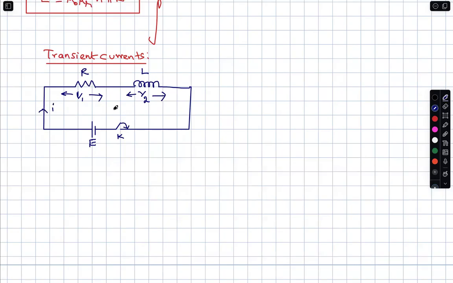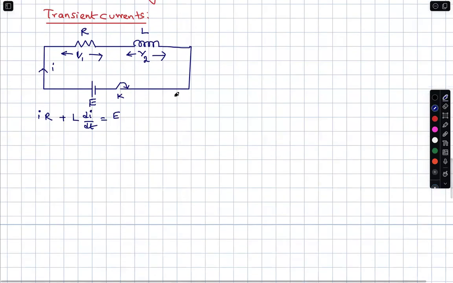Let the current be I. So simply what you will write is IR plus L di by dt equals E. I have applied Kirchhoff's voltage law in the loop. First question, any doubt on this?